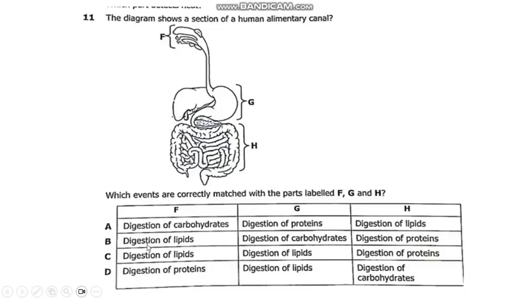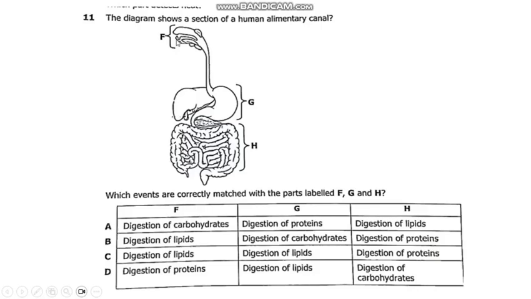B, F, digestion of lipids. G, digestion of carbohydrates. H, digestion of proteins. C, F, digestion of lipids. G, digestion of lipids. H, digestion of proteins. D, F, digestion of proteins. G, digestion of lipids. H, digestion of carbohydrates.